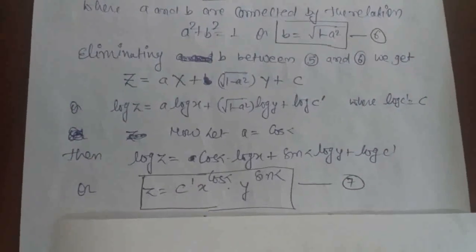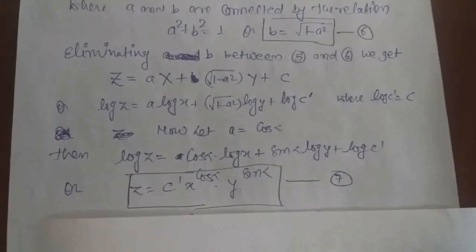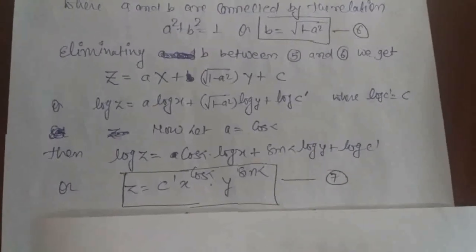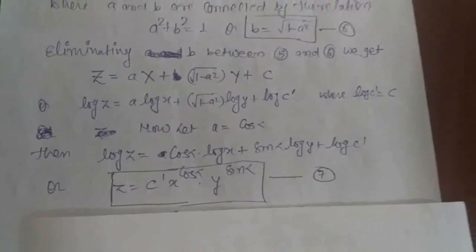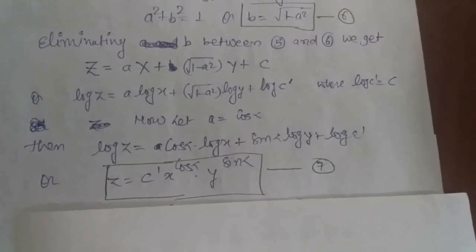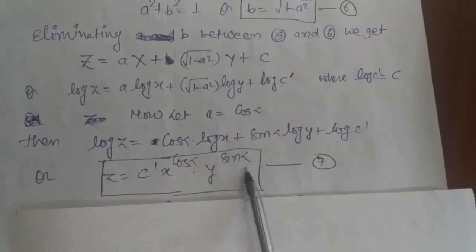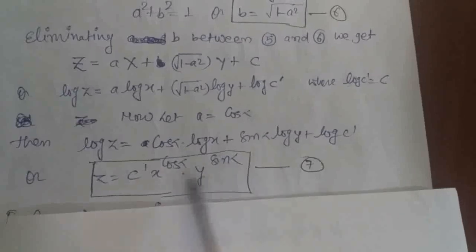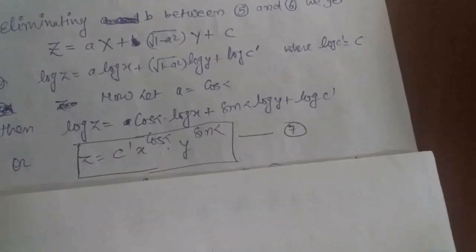Now, as we know, to obtain the singular integral, we differentiate partially the complete integral with respect to a and c, and eliminate a and c between the three equations. But here a is replaced by the parameter alpha, and instead of c we have c dash.